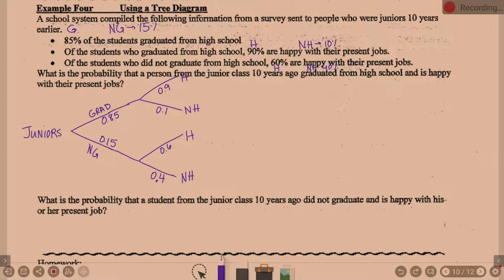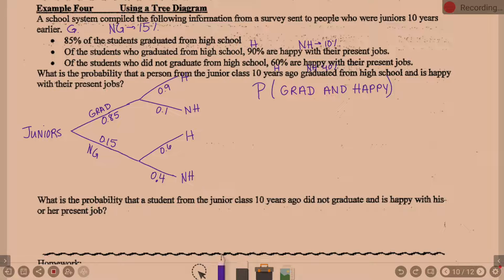Now, what is the question? What is the probability that a person from the junior class 10 years ago graduated from high school and is happy with their present job? So probability that they graduated and are happy with their present job. Now, generally speaking, you see the word and in probability, and what have I suggested?